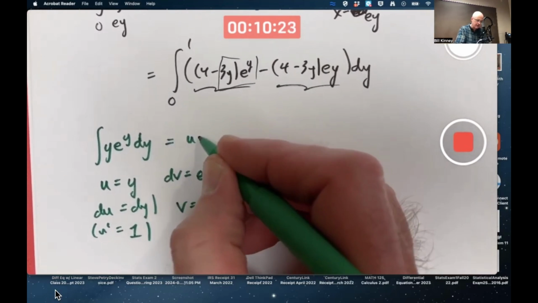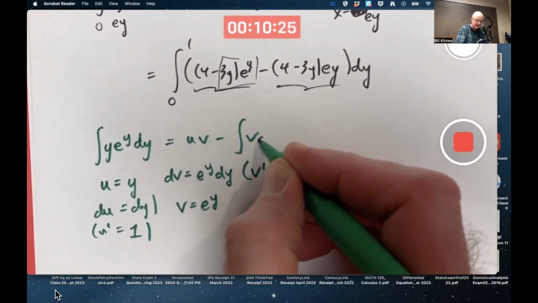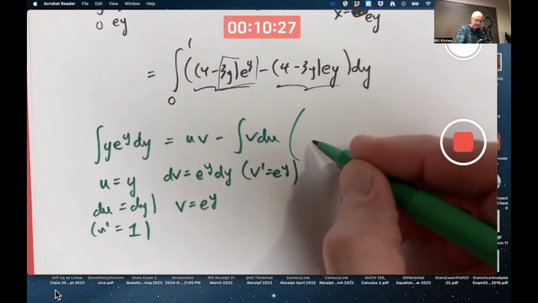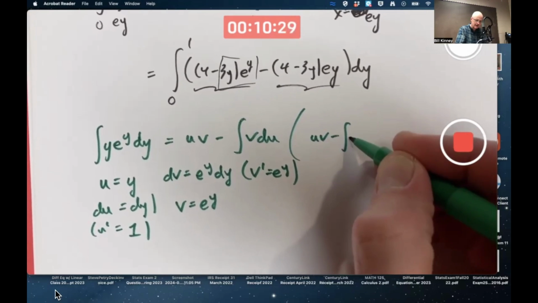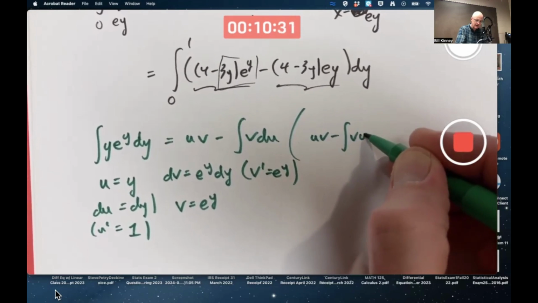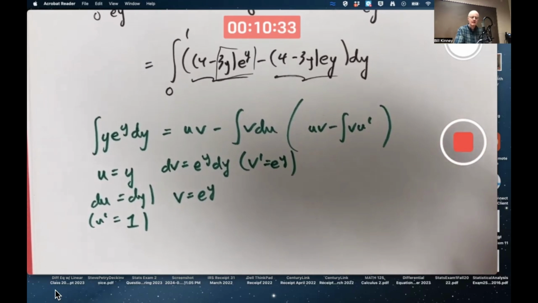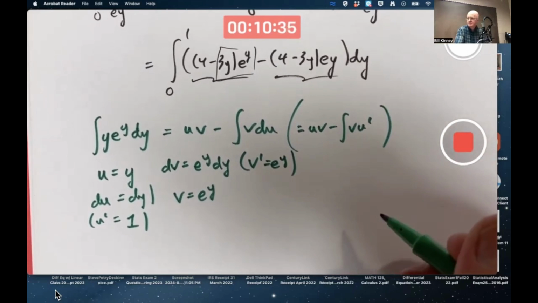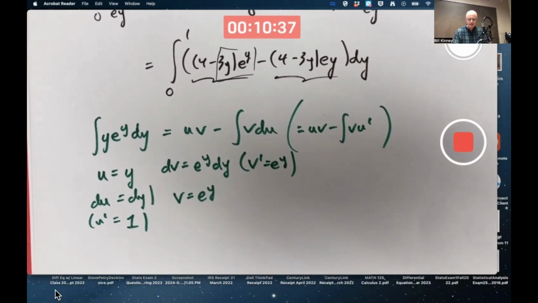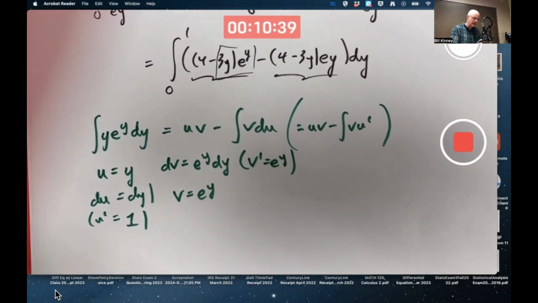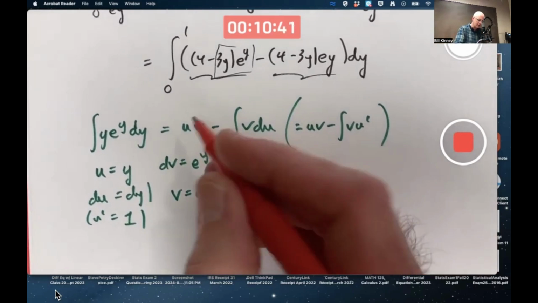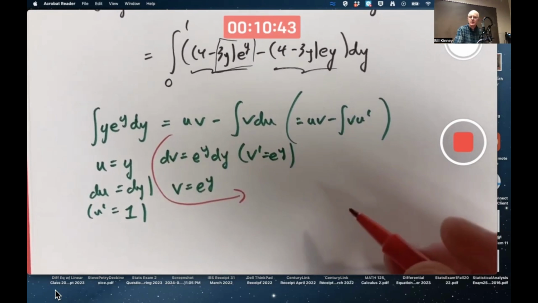The formula for integration by parts looks like this, or like this, depending on which book you use. Hopefully you've done enough of these in your past to not be too confused by the fact that I'm using a couple different forms.